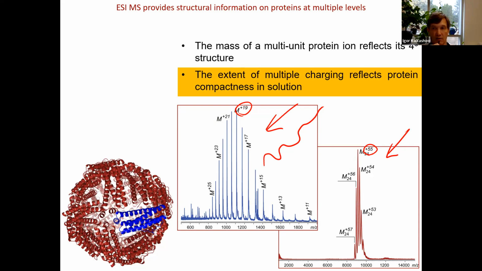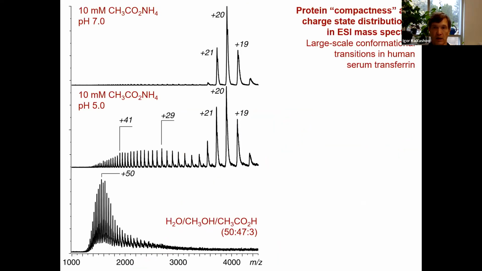It turns out it gives us a wonderful ability to look at protein conformations in solution, even when you work with a single chain protein. And so my next example would be transferrin, another iron related protein. This is an iron transport protein in our blood. And as you can see, I have 3 different spectra of the same protein here.